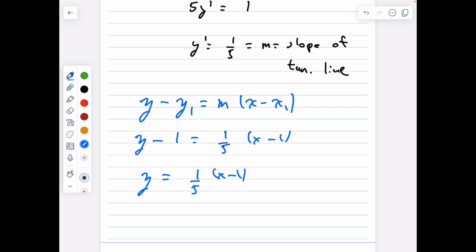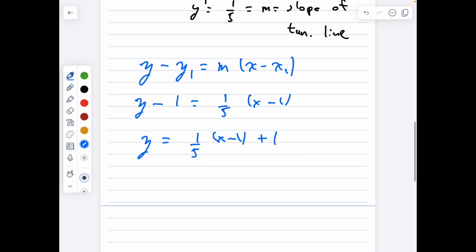You could also add 1 to the other side and distribute the 1/5, which would give us 1/5 x plus 4/5. And there you go. Either one of these equations would work out. Most of the time it's written in these two forms that you see next to the asterisks.